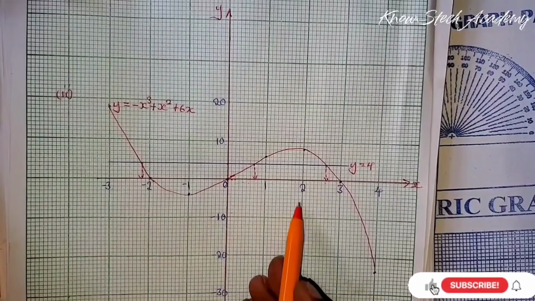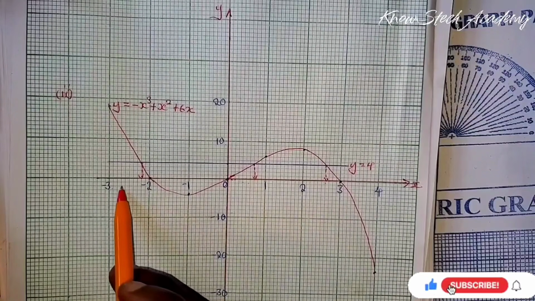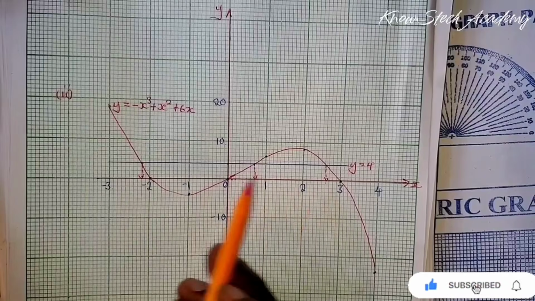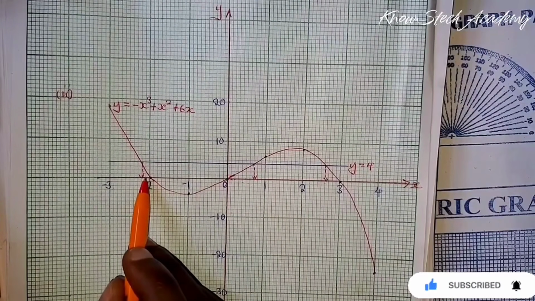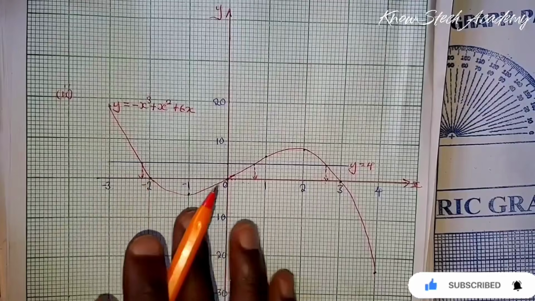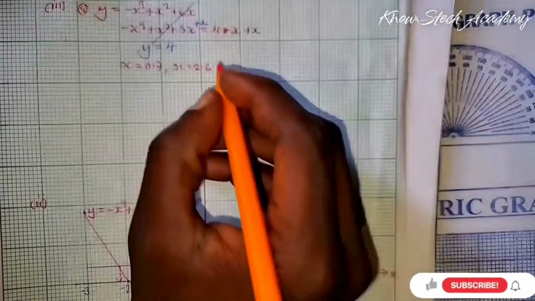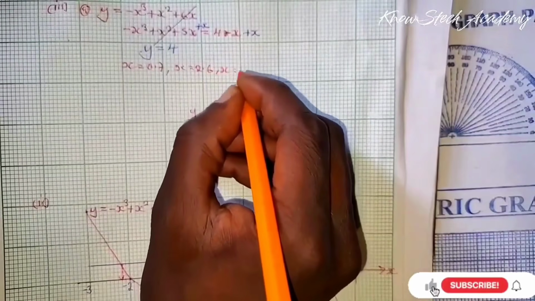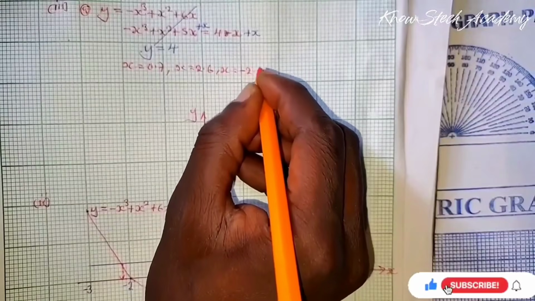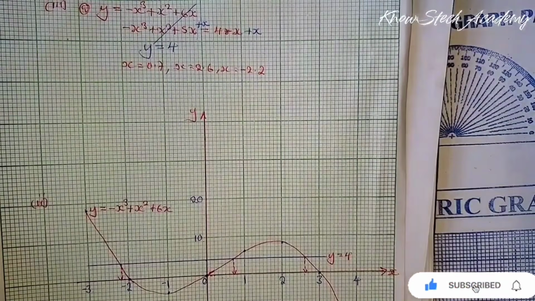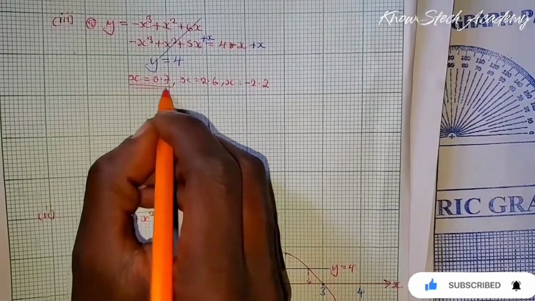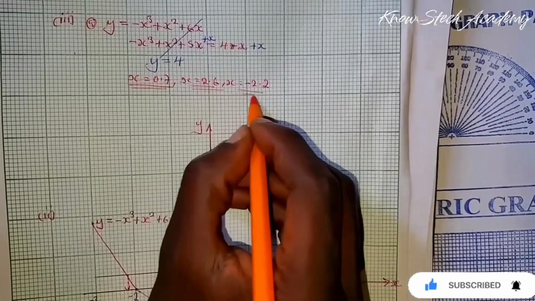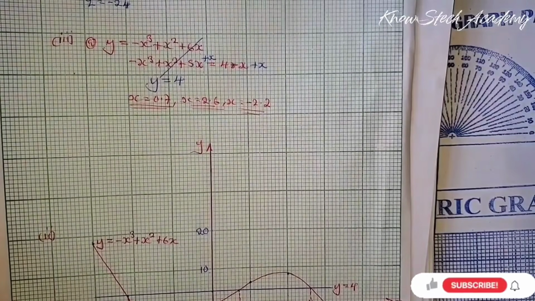You can start with any value here. So there is negative 2, negative 2.1, negative 2.2. So you can write here x equals negative 2.2. These are the solutions to this question here.